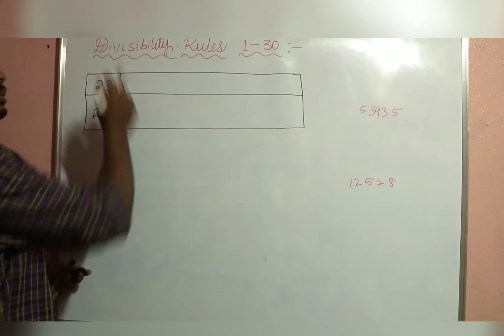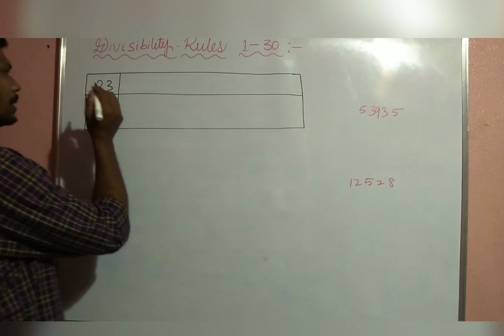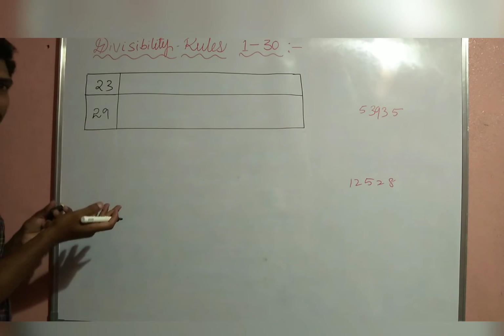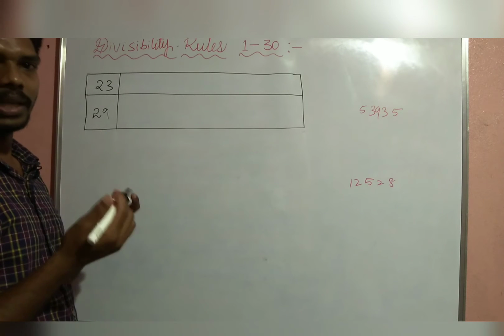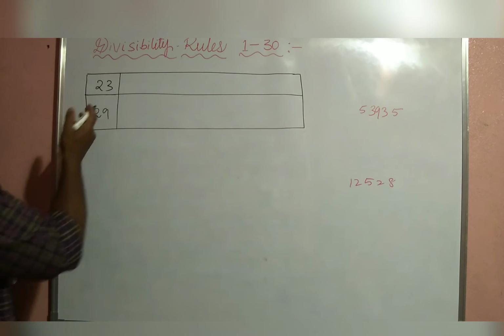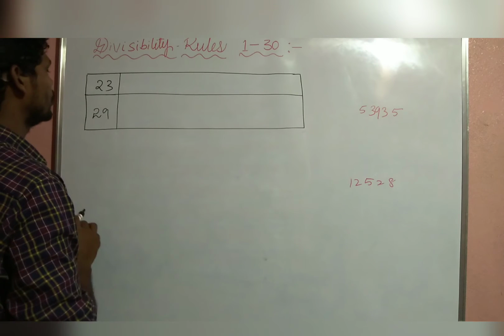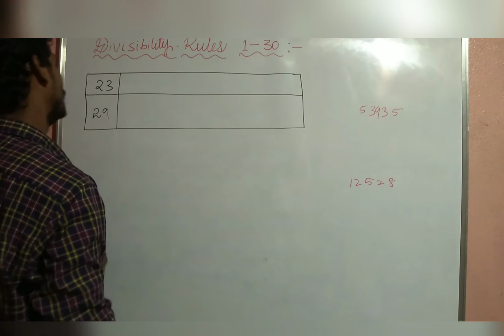Next, coming to 23. 23 is a prime number which doesn't have any common factors except 1 and 23. So here we need to know how to do the divisibility rule of 23.